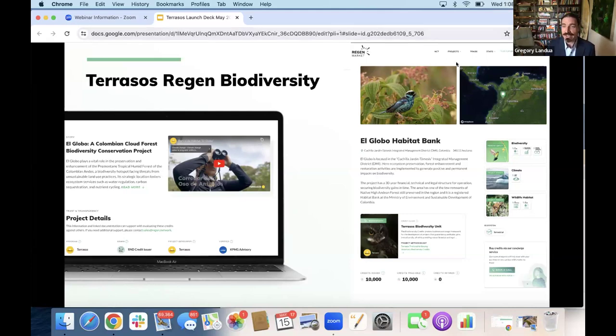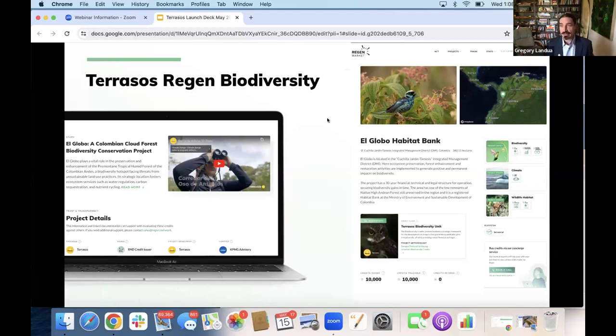And we're incredibly honored to be the technology partner alongside Terrasos, which has been doing groundbreaking work at bringing best-in-class biodiversity units into the market. And we're going to get to learn more about those specific units.